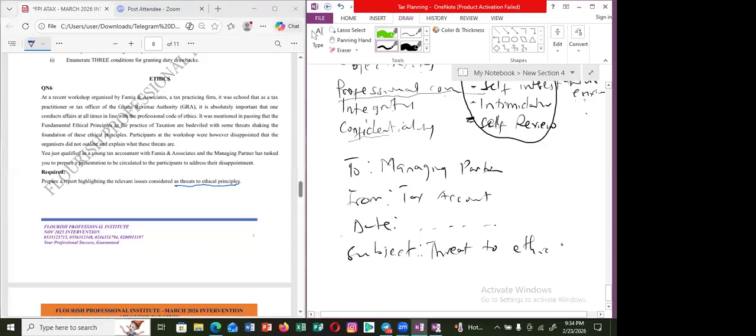Then you talk about the threats. So you introduce yourself. What are some of the threats? You start with familiarity, explain it, probably link it somewhat to tax, provide an example of how it works. So familiarity, for instance, you can go, okay, it's when officers of GRA or other tax persons, I guess, probably because of some form of personal relationship with a client, due to close relationship, they become somehow, what's the word they use?